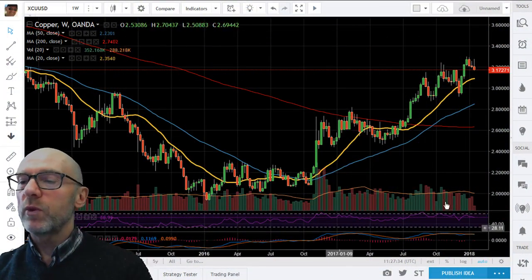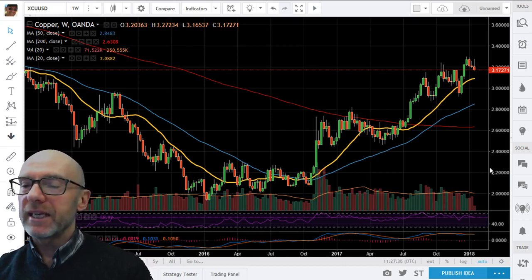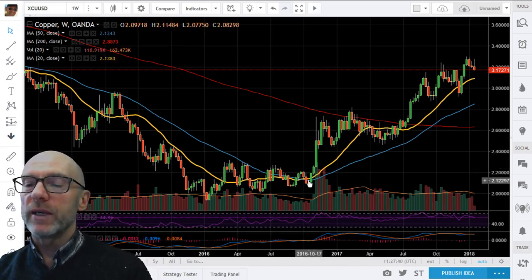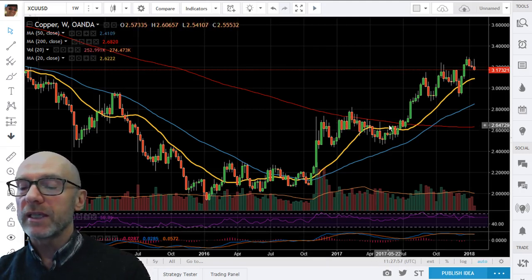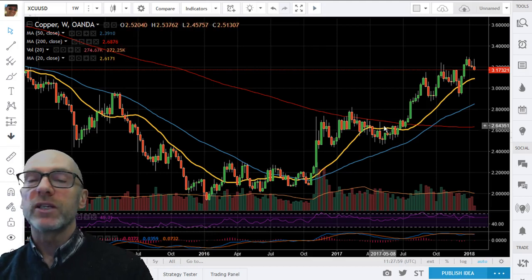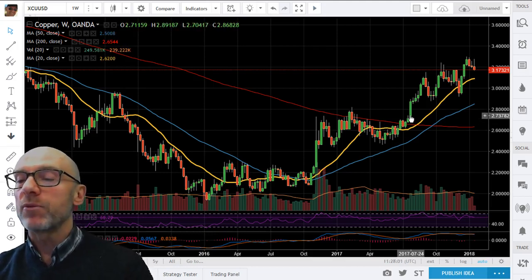So starting with the weekly, and as I said in the intro, we're getting this step pattern. So we had the first step, second, third, fourth, and we're on the fifth step at the moment. Each step is a flag. Obviously in this period here, January through to June last year, it was an elongated step, but we did break up.